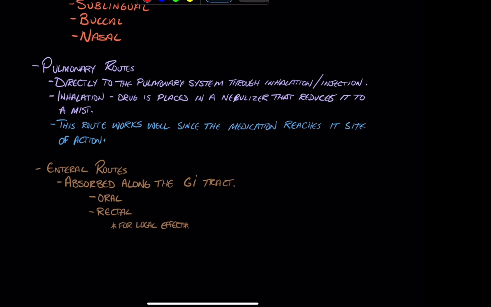We also have medications like epinephrine, which we give for croup, which is also inhaled and goes through the pulmonary route. This route's usually really good for these medications because it brings the medication right to the area where it needs to have action.